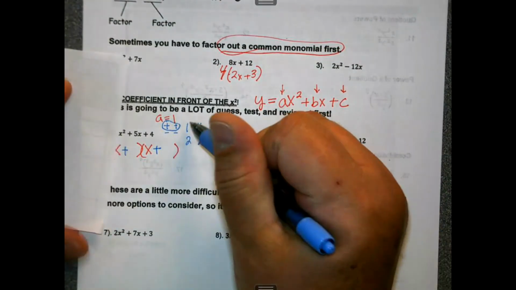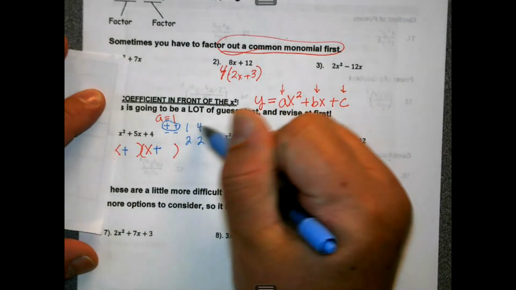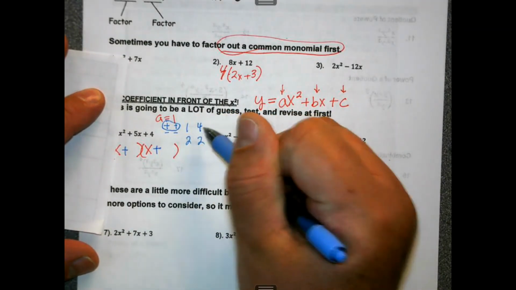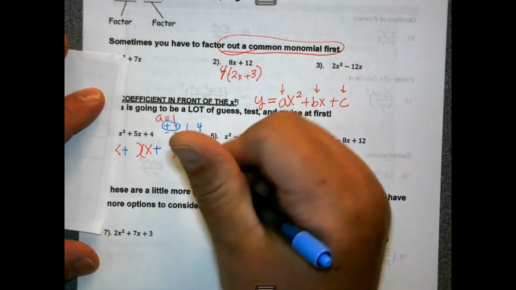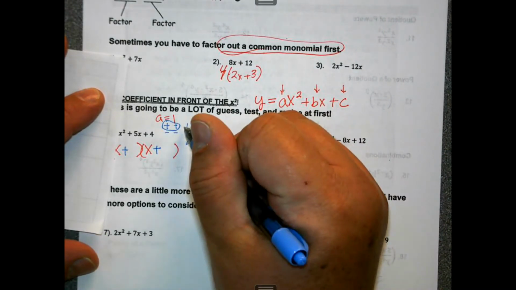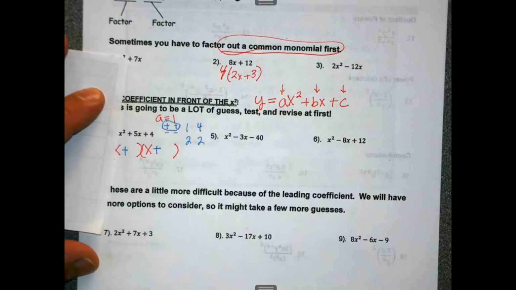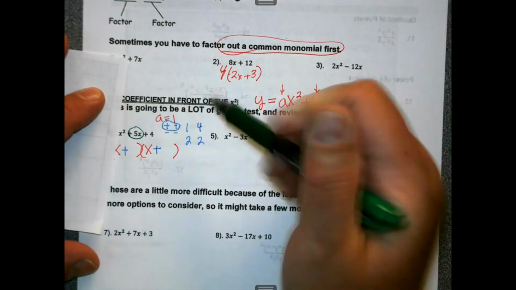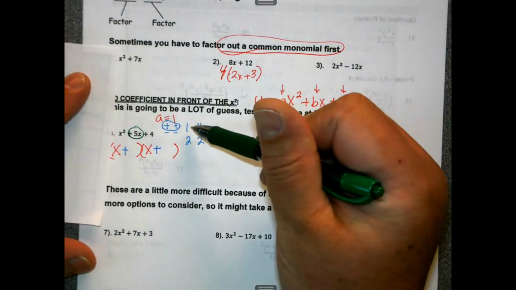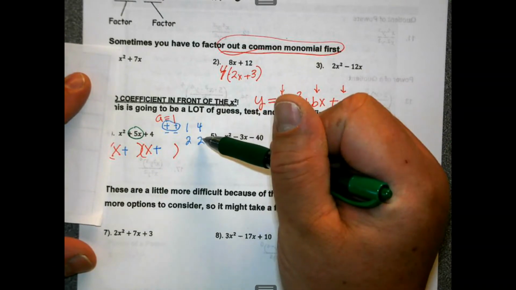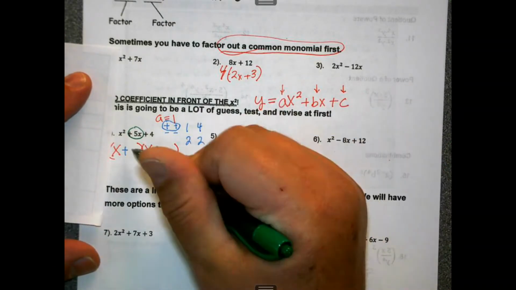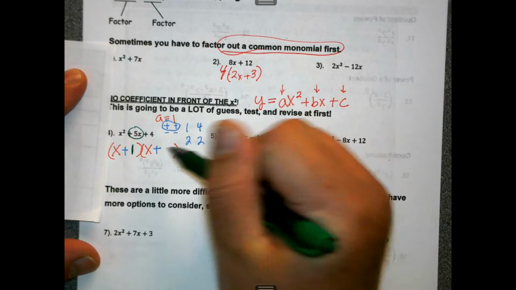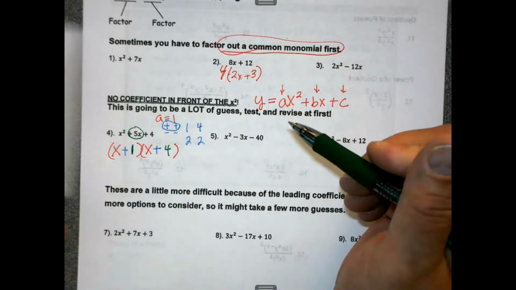So for this example, we would use positive times positive. That told us that we're going to add these together. Sometimes they subtract, like for a negative, but this time they're going to add up to 5. The only factors that are going to add up to 5, well, 2 plus 2 isn't 5, but 1 plus 4 is 5. Those are our factors, 1 and 4.